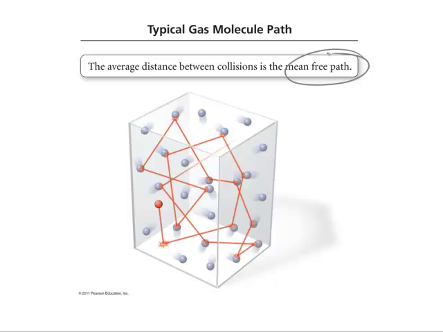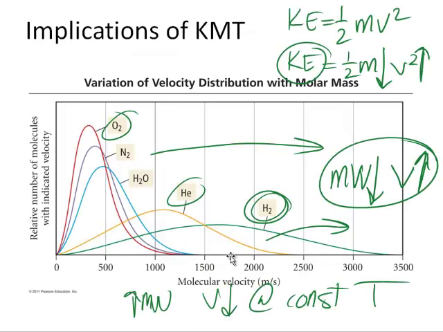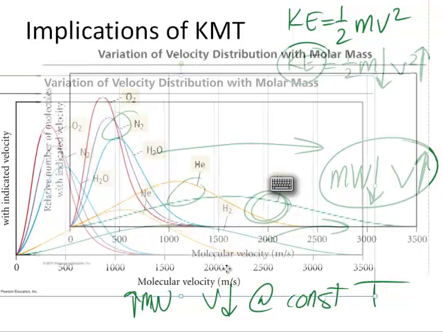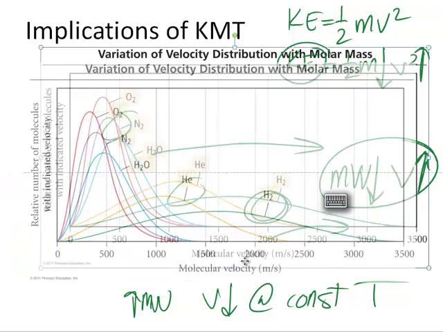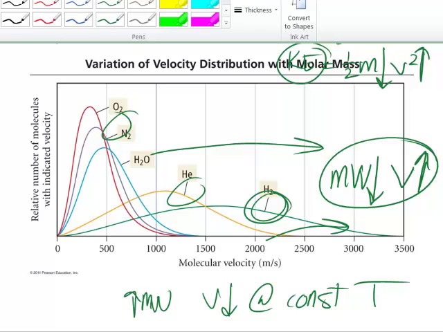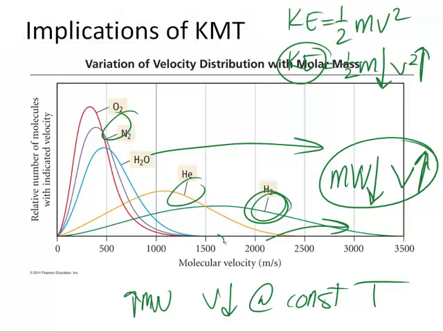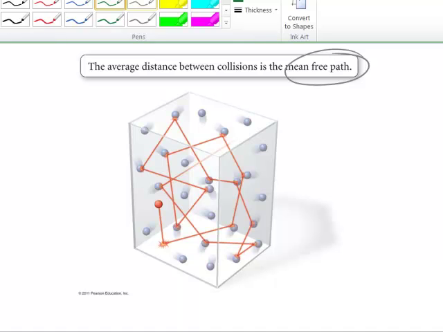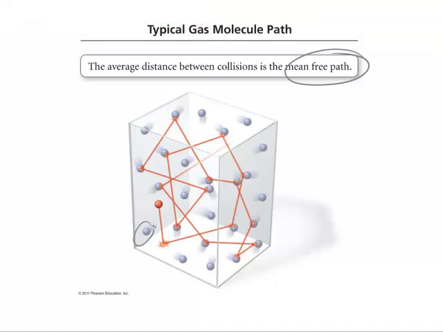So even though a gas molecule is moving very, very fast, as we saw in these plots, thousands of meters per second, you know that if you spray perfume at one end of the room, it takes not a long time, but a longer time than you would expect.